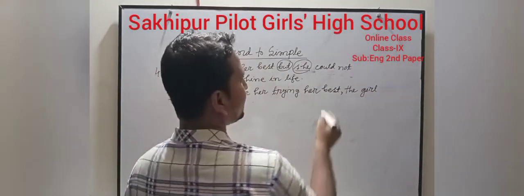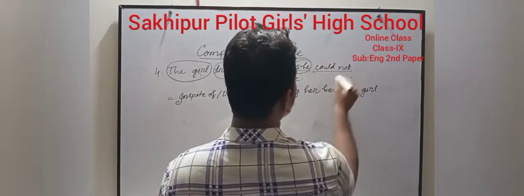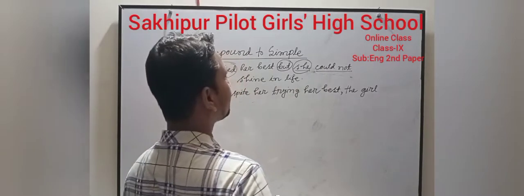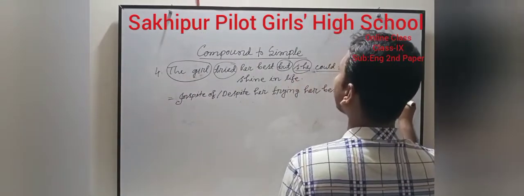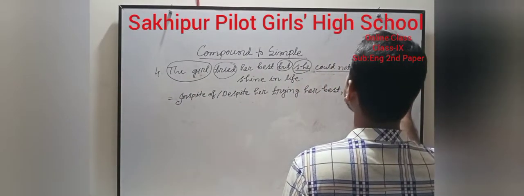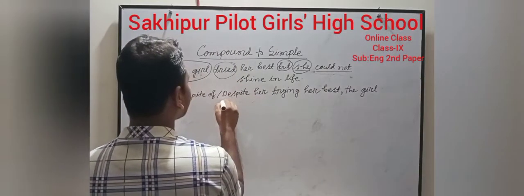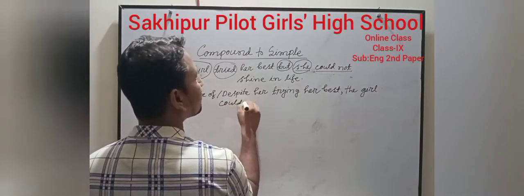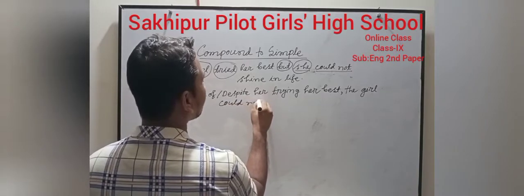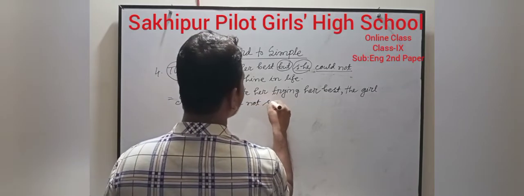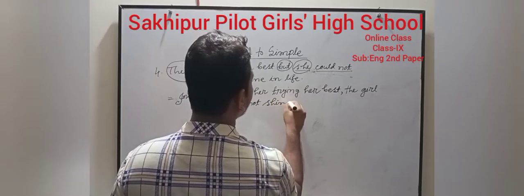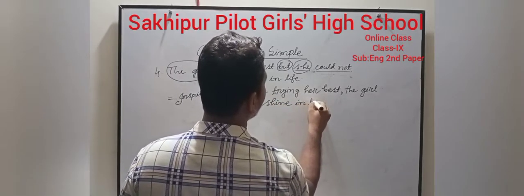Then you have to write the rest of the part after the subject of the second clause, up to the last of the clause: could not shine in life.